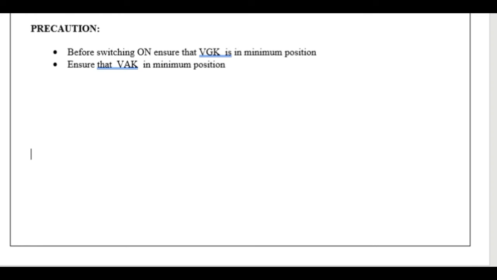These are all the required precautions for this experiment. Before switching on this circuit, ensure that gate cathode and anode cathode voltages are at minimum position.